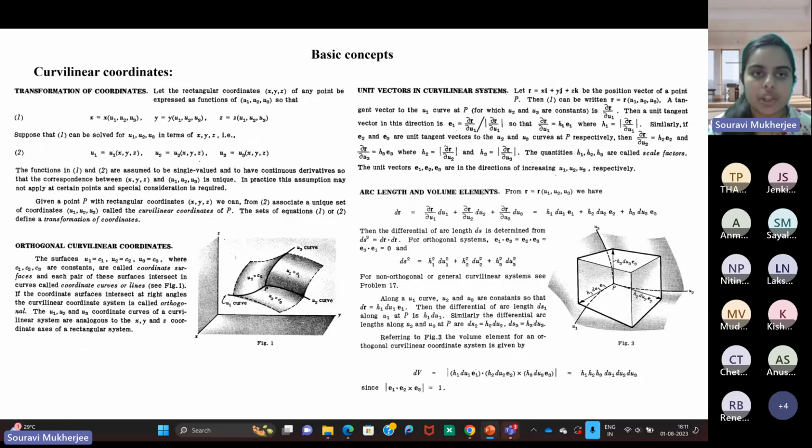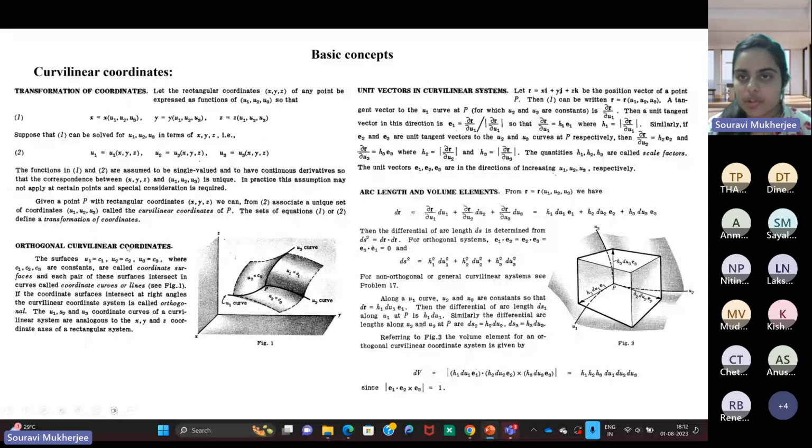So in a way, your components along the rectangular coordinates can be expressed in terms of u1, u2, u3. If you consider cylindrical coordinates, your u1, u2, u3 will be r, phi, and z. If that is the case, then we can do a change of frames, a change of the frame in which we are seeing the vector.